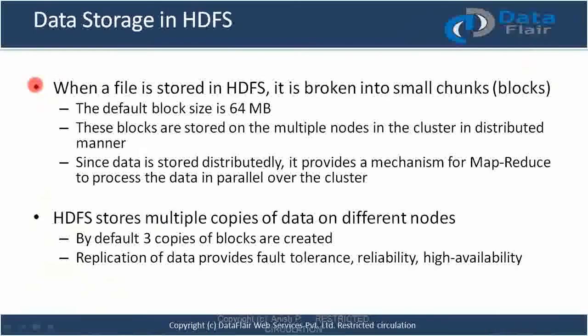When a file is stored in HDFS, and I think it's the third time I'm showing you this, the file is broken down into small chunks or small blocks, and the default size is 64 MB. These blocks are stored on multiple nodes in the cluster in a distributed manner.